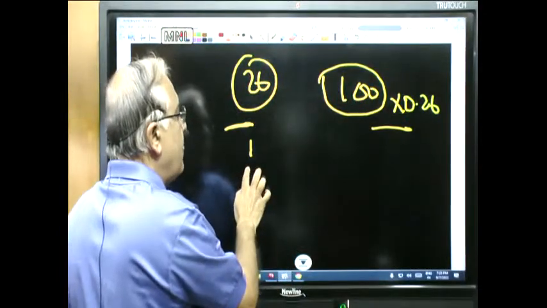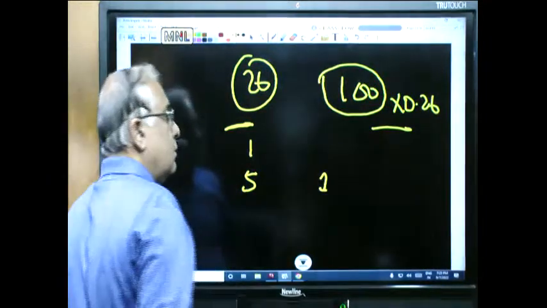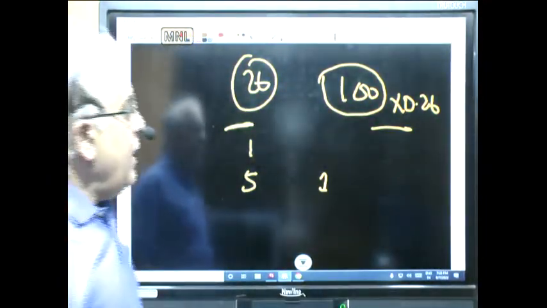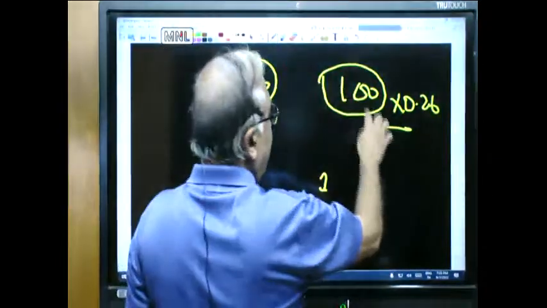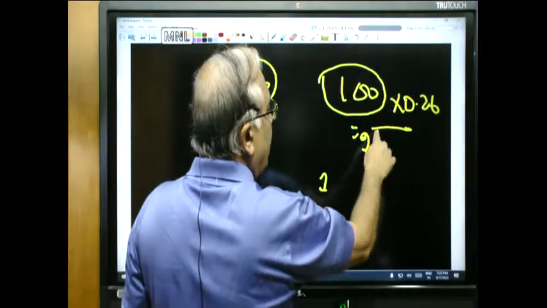So if you do 5 trades here, approximately 1 trade here. So when you do 0.26, then 100 into 0.26, you will get 26 rupees.